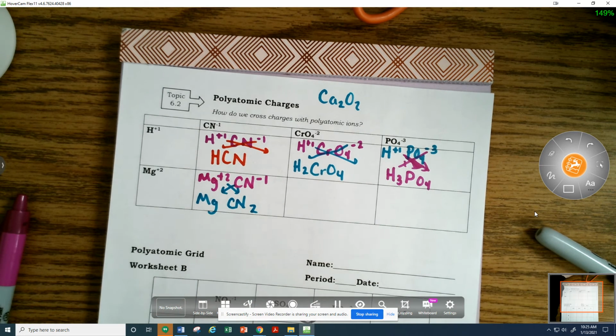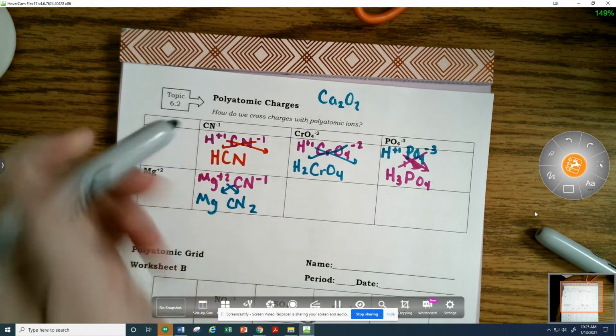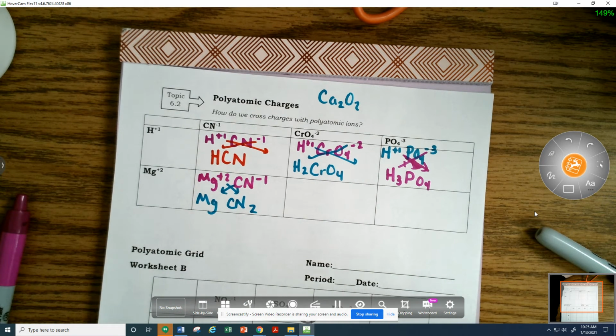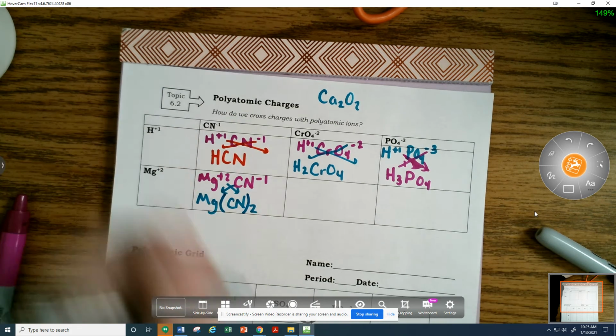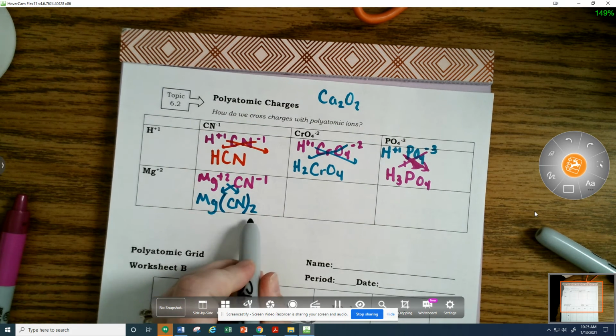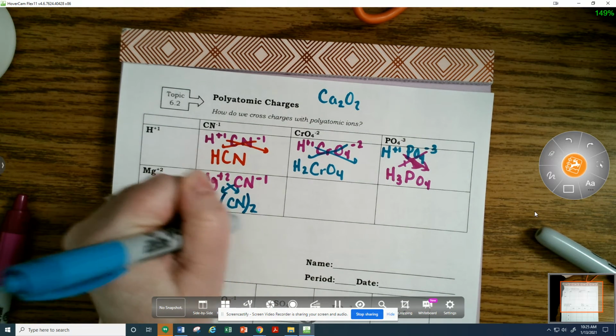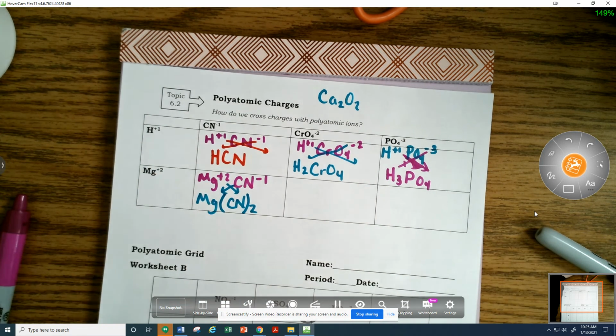This is not correct because this 2 has to apply to the entire polyatomic. So when you introduce a new subscript that applies to a polyatomic, you put that polyatomic inside parentheses and that new subscript due to charge outside of it. That way the 2 distributes in and applies to both the carbon and the nitrogen. So this is the correct formula, including the parentheses.